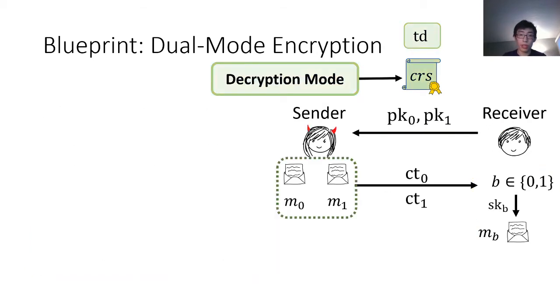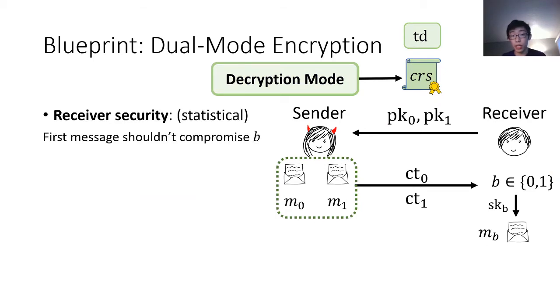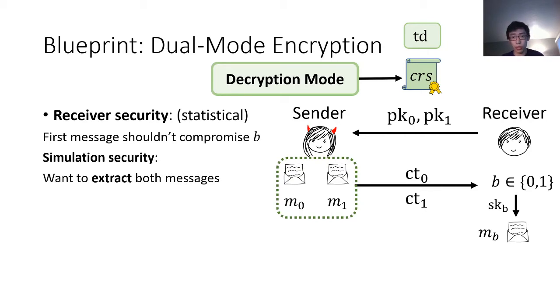And in the other mode that will provide statistical security for the receiver, what we want intuitively is that the first message sent by the receiver shouldn't reveal information about B. But again, we want something slightly stronger for simulation security. In some sense, we want to be able to extract both of the messages sent by a malicious sender.